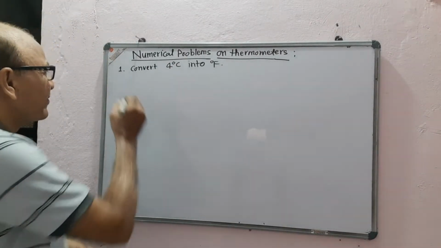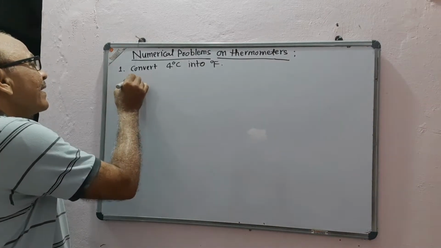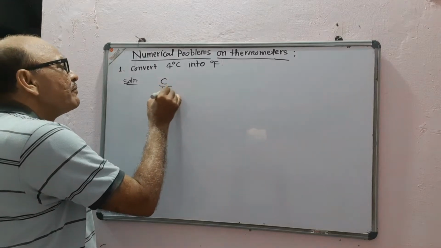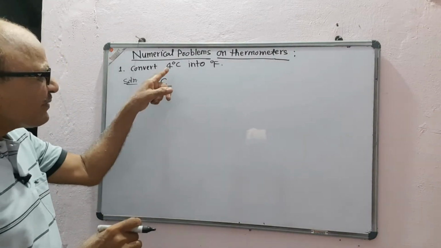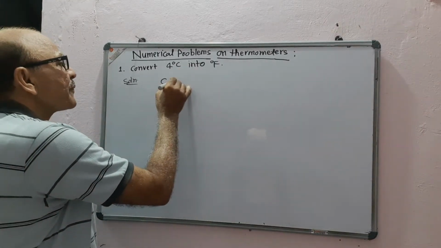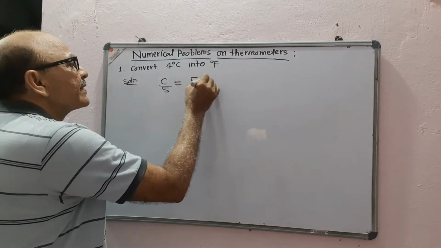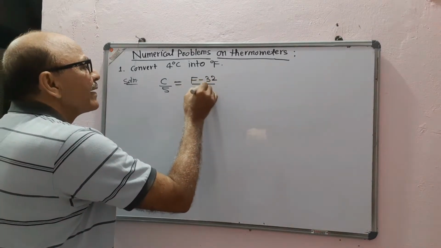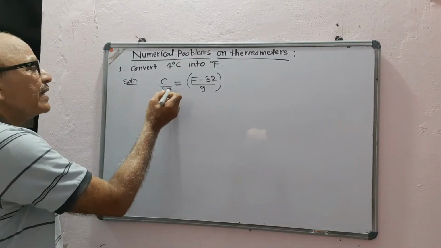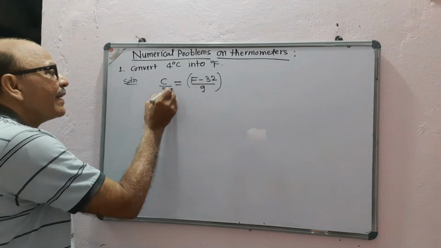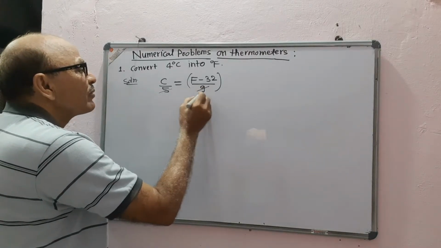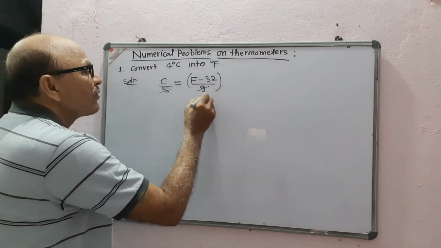Solution: we know the formula between Celsius and Fahrenheit, C upon 5 is equal to F minus 32 upon 9. If you divide 9 by 5, you get 1.8.